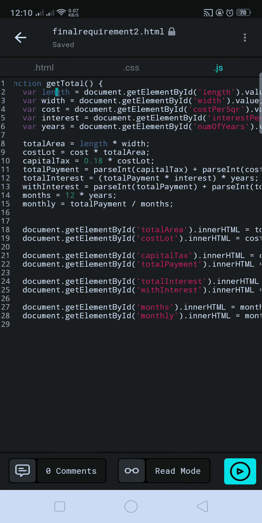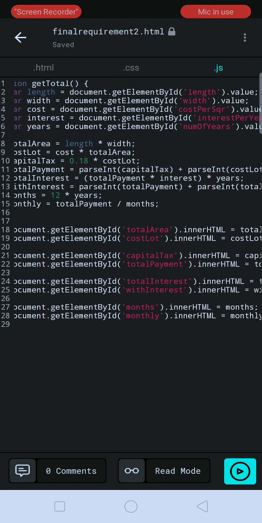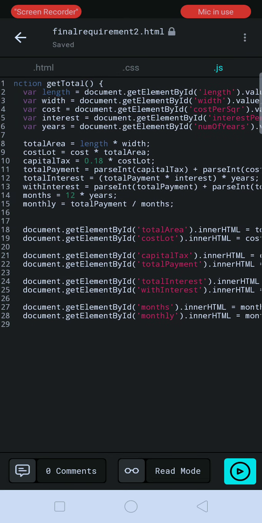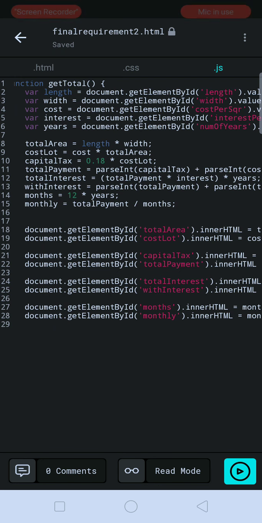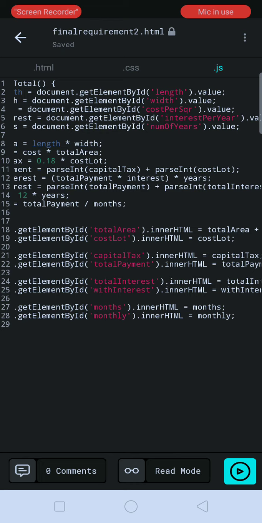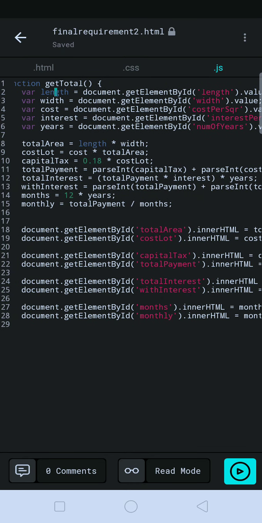Then total interest is equal to total payment times interest times years. Then with interest is equal to parseInt total payment plus parseInt total interest. Then months is equal to 12 times years. Monthly is equal to total payment divided by months.